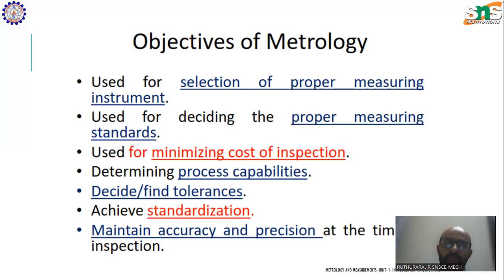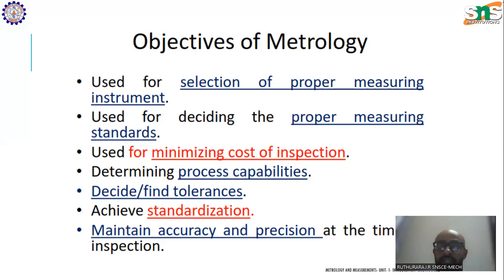For example, a steel rule can be used for measuring the length of a cloth, a table, a chair, etc. But if we need to accurately measure the length of a piston or a shaft, then the steel rule might not be the proper instrument. Then you have to go for more accurate measuring instruments, namely vernier caliper, micrometer, etc. Those instruments are more accurate.